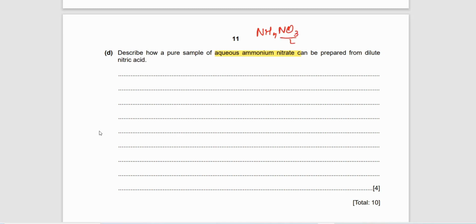So NO3 will come from the nitric acid, and ammonium will come from the ammonia. Ammonia is a base, and nitric acid is an acid. You know that. So describe how it is prepared from the dilute nitric acid.